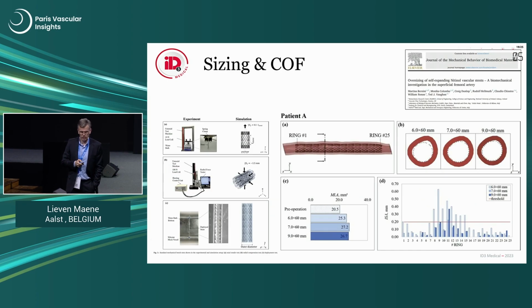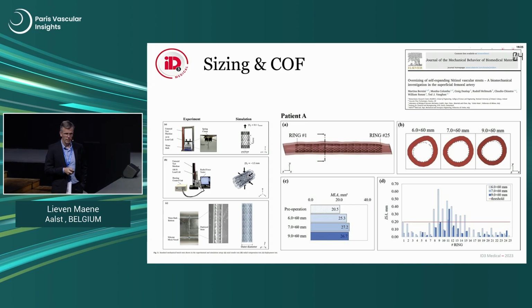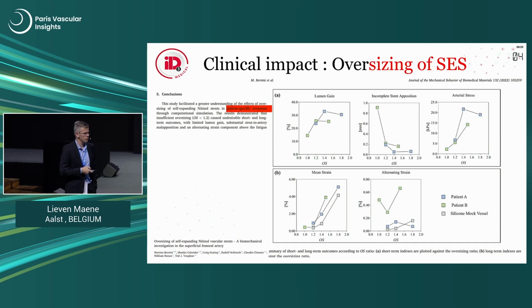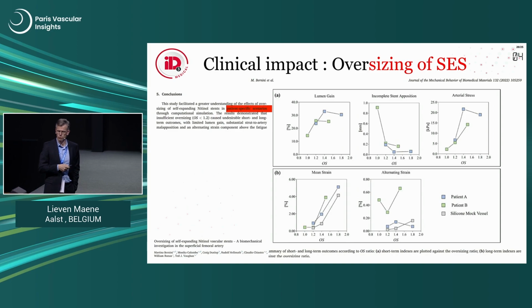Well, they mimicked the same situation where they made a patient-specific design of certain femoropopliteal segments, and they put this on one hand on a test bench with real stents, and on the other hand, they made simulation tests. And what they found was quite striking for me. This was not what I'm doing currently in my daily practice.